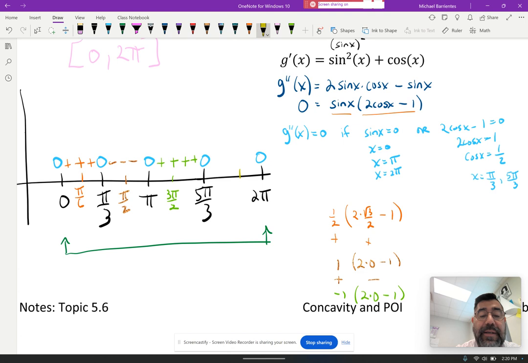Let's pick a number over here like 11 pi over 6. We could also choose 7 pi over 4 if you want. That's maybe a little bit better. Sine of 7 pi over 4 is negative square root of 2 over 2, times 2 times the cosine of 7 pi over 4.